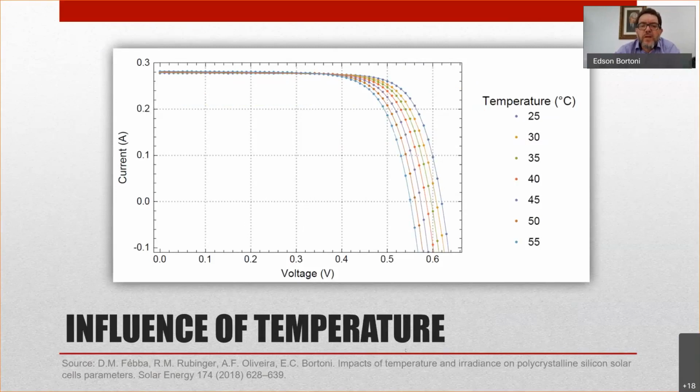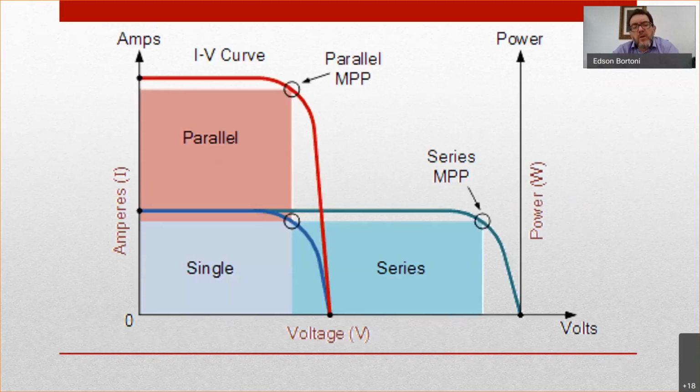This is work some students here published in the journal Solar Energy. You can put the solar cells in series to achieve a given voltage. You can put the solar cells in parallel to achieve a given current. So we have an array of solar cells.